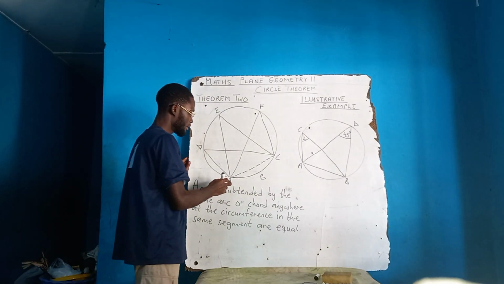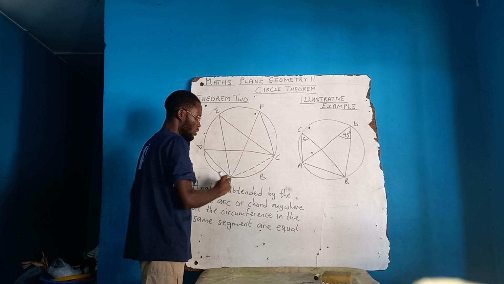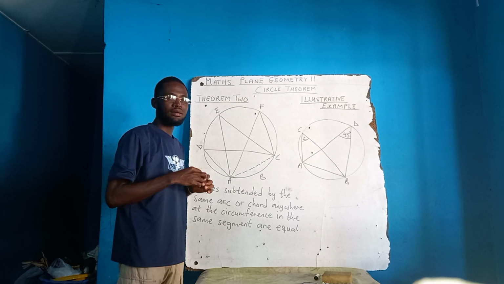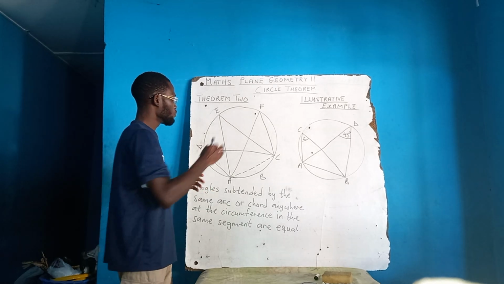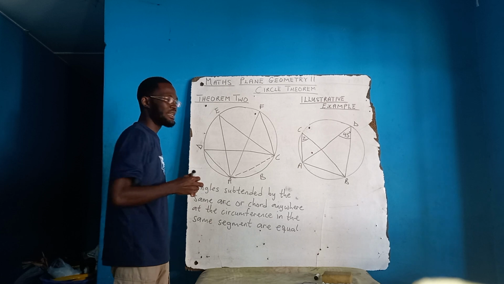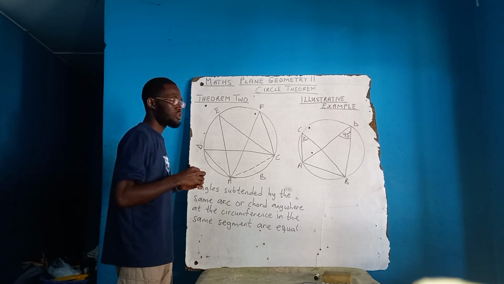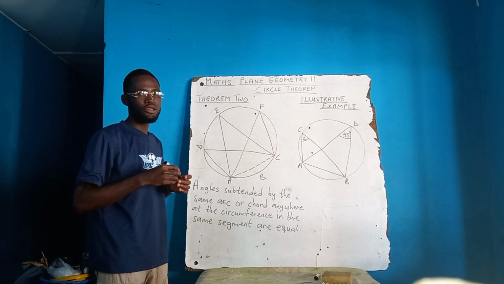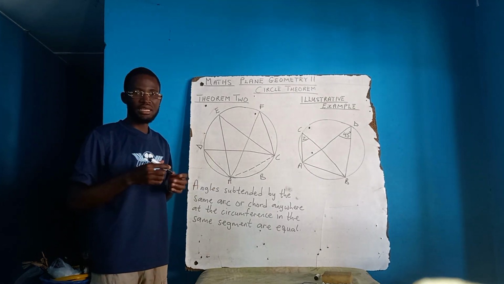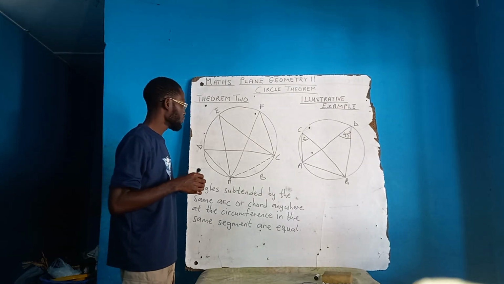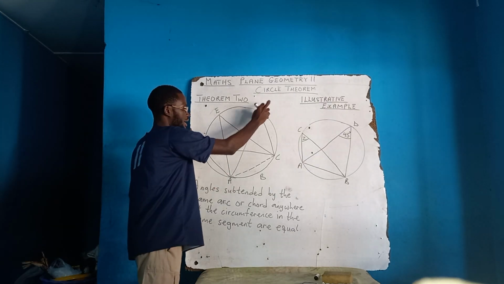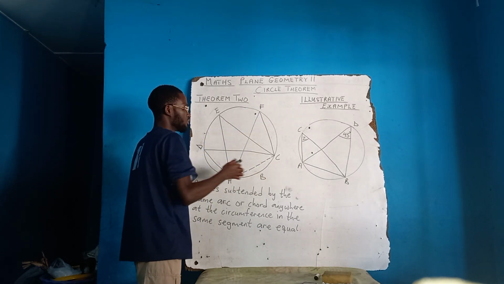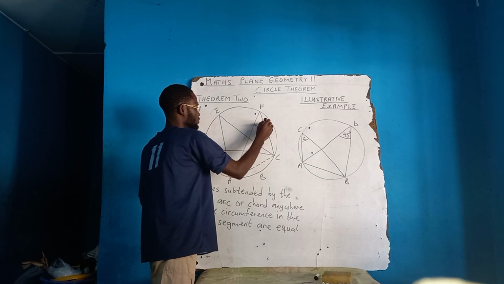So we are interested in the same arc ABC or the chord AC, and we will be targeting our attention onto the angles at the circumference. So supposing we have our first angle AFC to be, let's say, x.